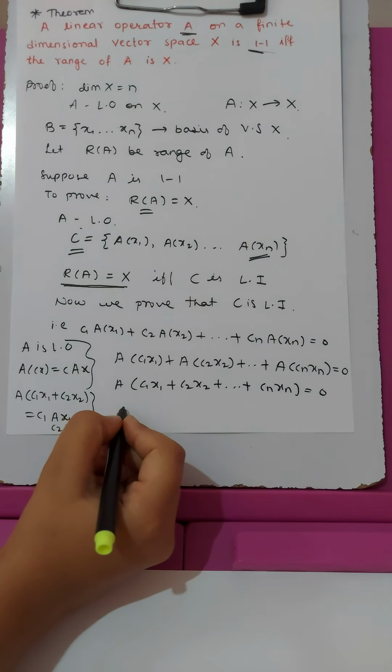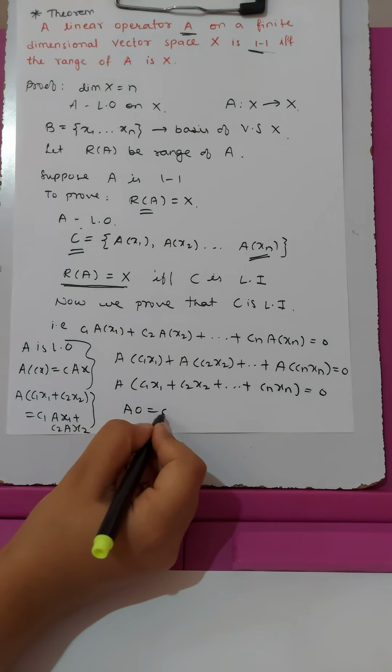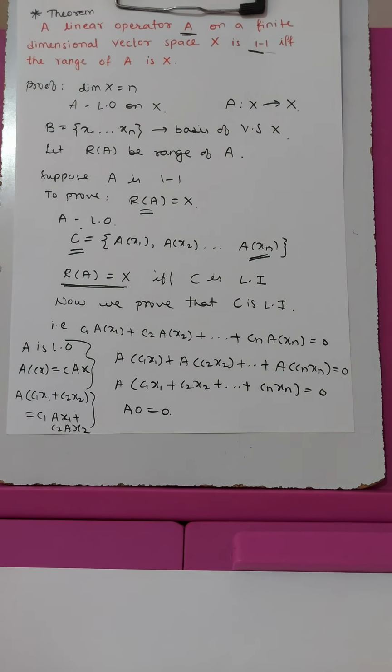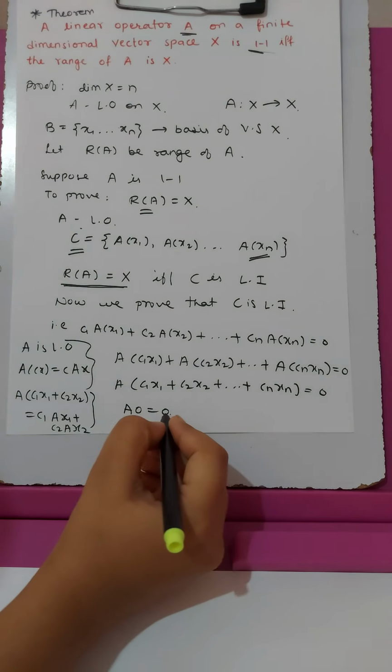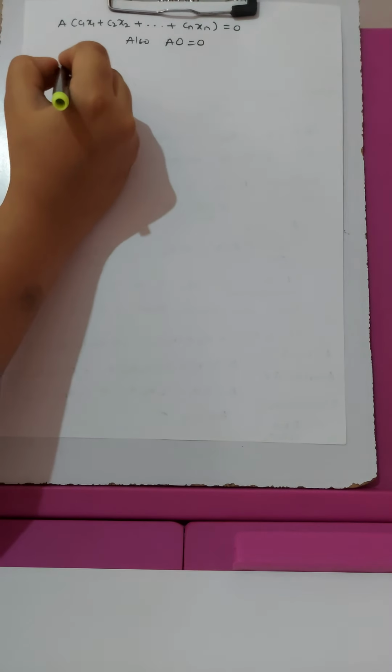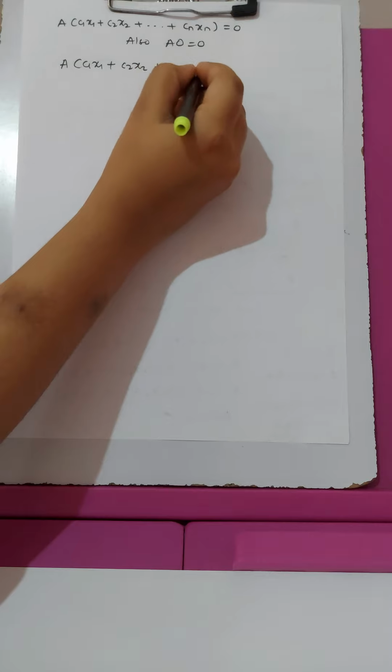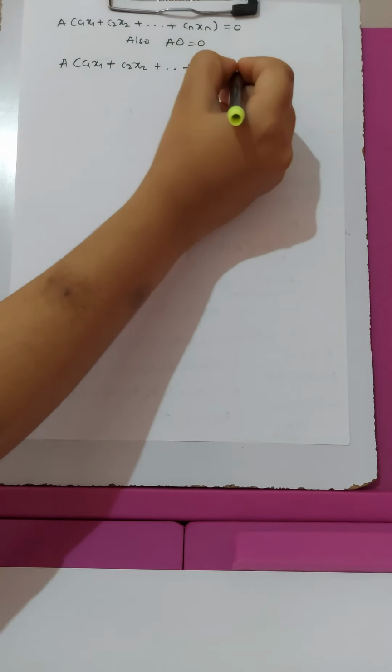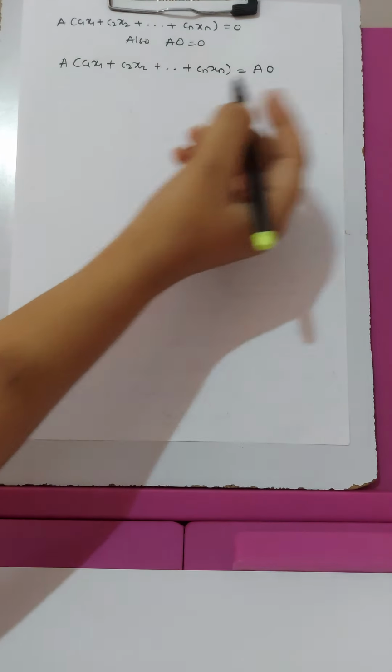Now since A is a linear operator, A of 0 equals 0, because a linear operator maps the 0 element of one vector space, that is the domain vector space, to the 0 element of the codomain vector space. From this we can write that A of C1 x1 plus C2 x2 plus so on Cn xn equals A of 0.